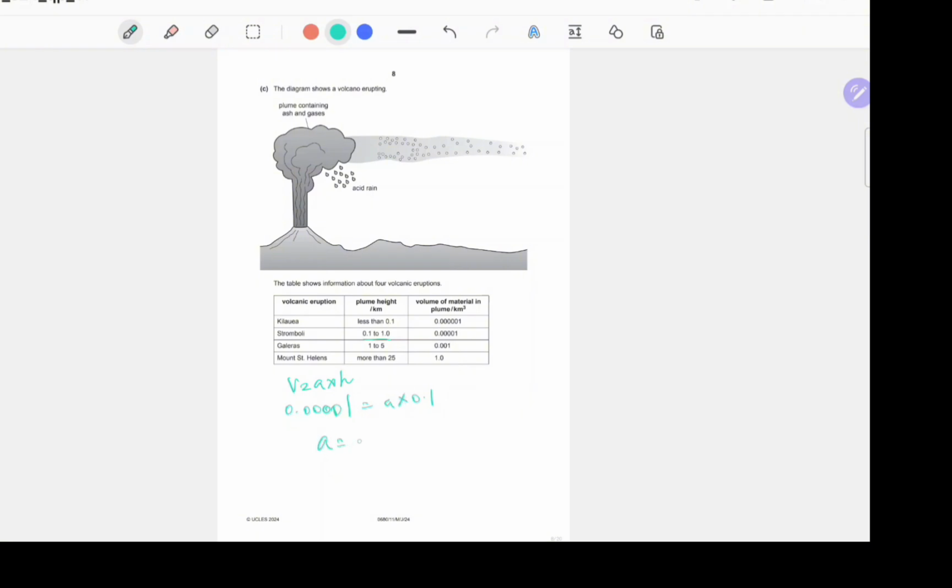For the area, I take in between 0.1 to 1.0, so I take 0.5 here. If I take 0.5, the area is around 0.000402 kilometer square. This is for Stromboli. For the second one I will do it here.